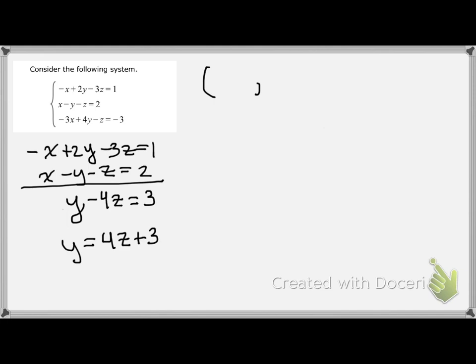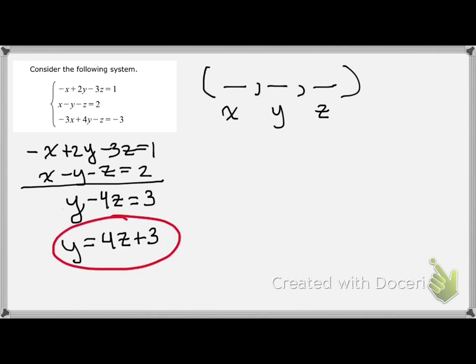My solution here is the y part. All right, so we have an x, y, z part of the solution, right? So we have an x part, a y part, a z part. So see what I have here? It said y is equal to 4z plus 3. So I've got the y part. The y part is 4z plus 3. That's what y is.